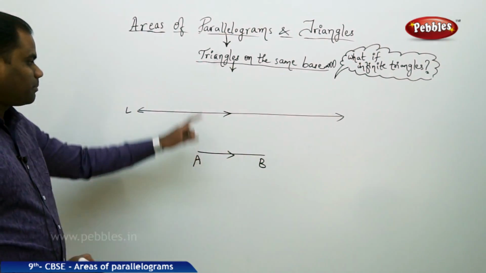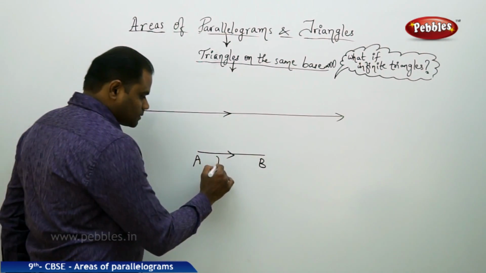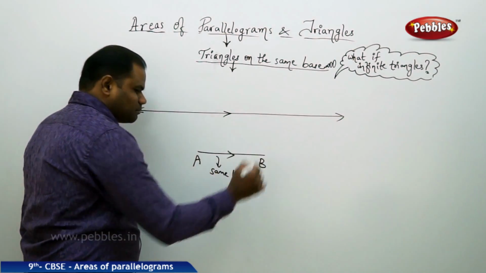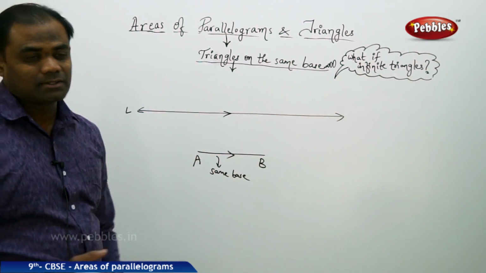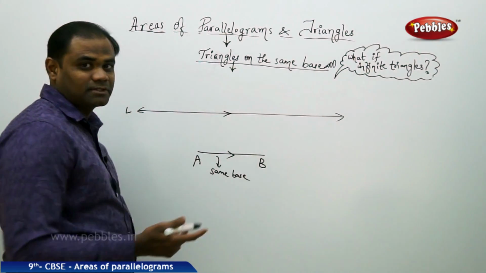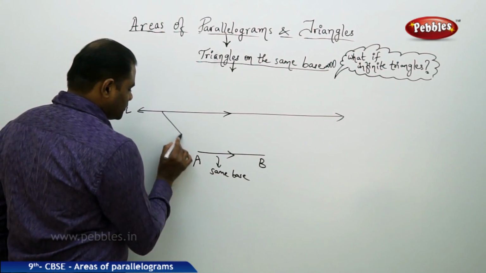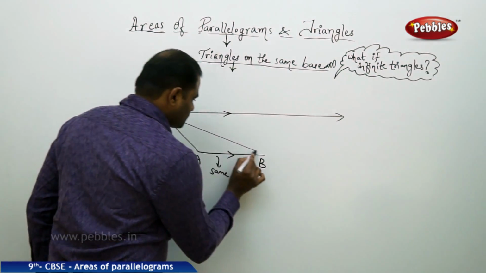Now between the same parallels with the same base AB, let me take more than two triangles. Say for example, just like in the previous case we have taken two triangles, now I take many triangles between.